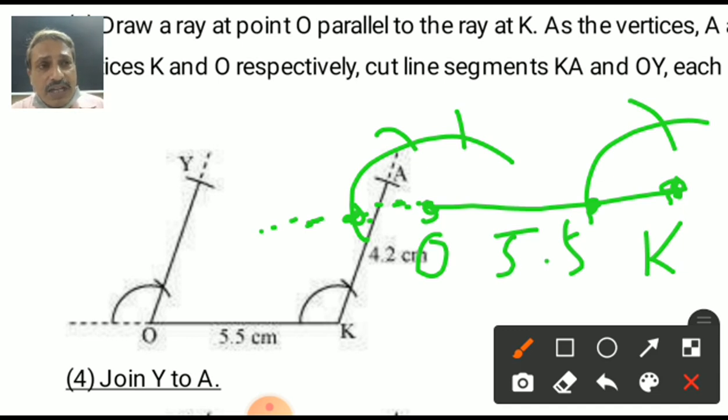Otherwise, if I am starting from here, it is my 60 degree, so again I can draw a second arc here. 60 plus 60, 120. That gives me an obtuse angle. Yes, because in our answers an obtuse angle is given. Or you can take a big size arc.